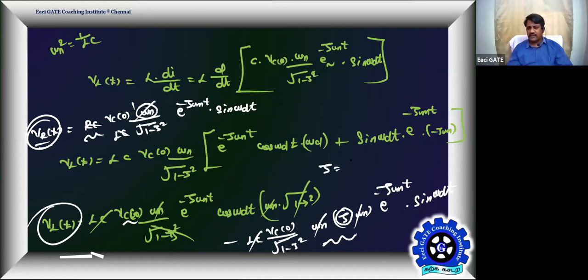Omega n got cancelled already. My question is, are they equal? Whether this is equal to this. If that is the case, they will cancel each other. All of you getting this?